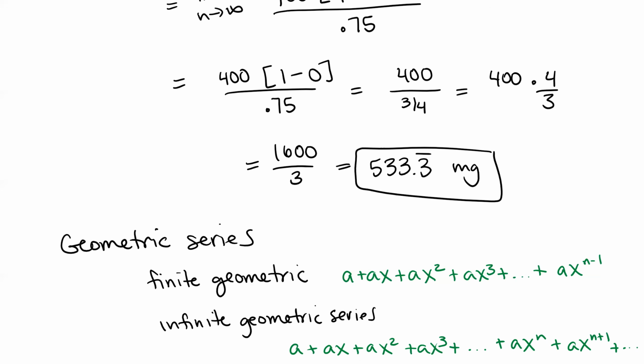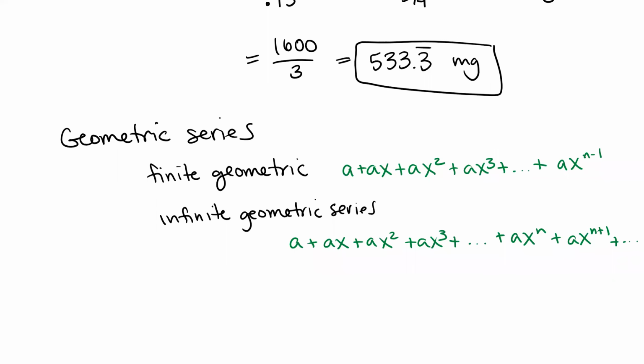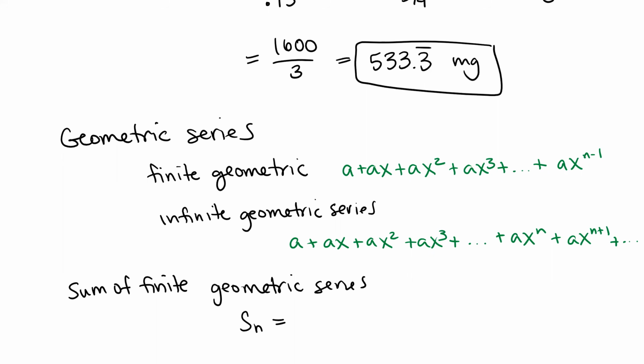And if we want to find the shortcut for calculating a geometric series, if we're looking for the sum of a finite geometric series, then we've got Sn is equal to a plus ax plus ax squared plus ... plus ax to the n minus 1.